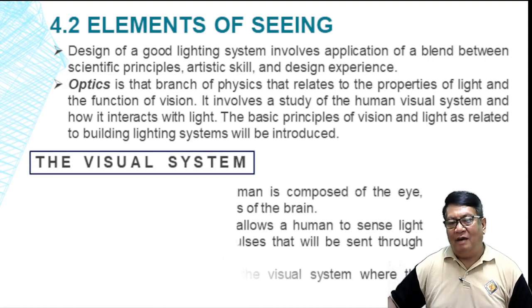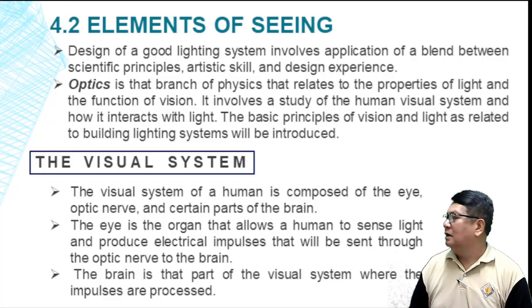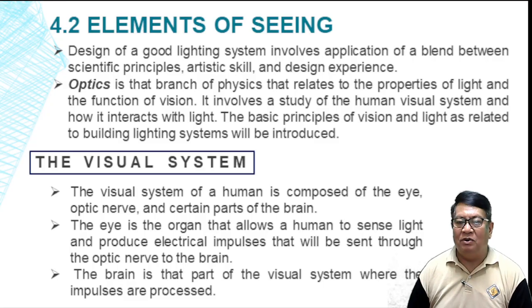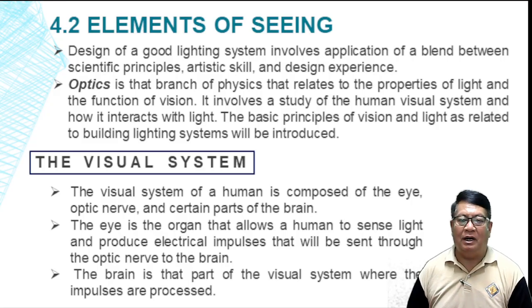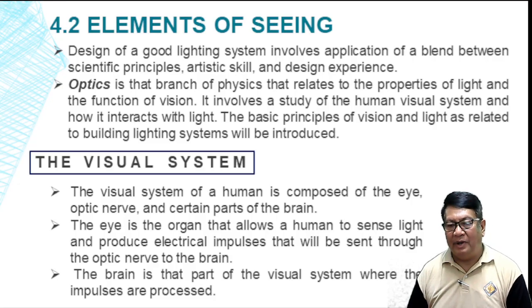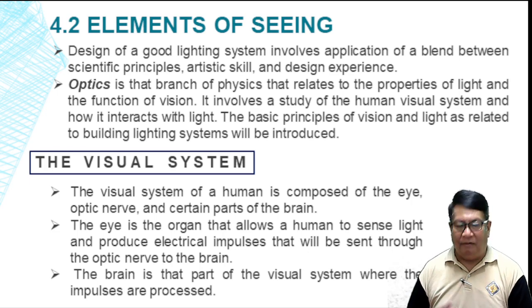Okay, so we have this visual system. The visual system of a human is composed of the eye, the optic nerve, and certain parts of the brain. So the eye is the window, the nerve is our transmission medium, and then the brain will analyze or perceive color and the visibility of the object.